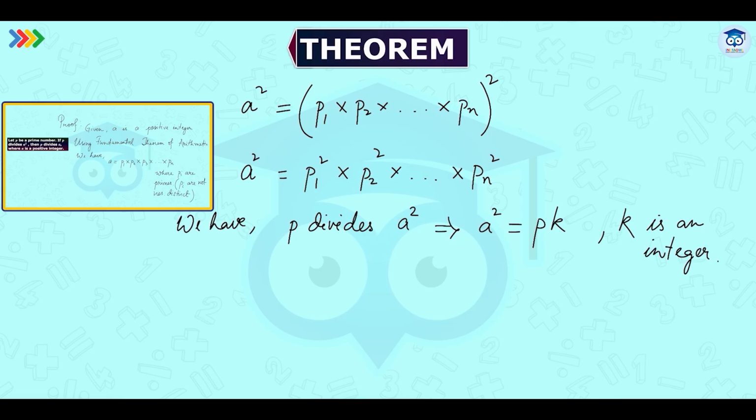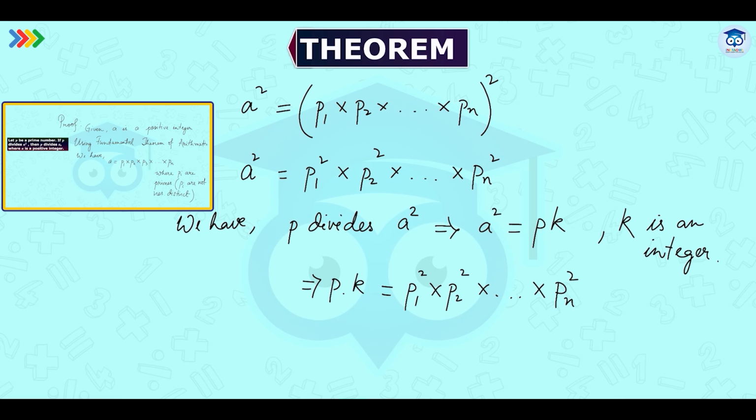So therefore, the previous equation that we have, A square is equal to P1 square, P2 square and Pn square, can be written as P into K. We can substitute the left hand side as P into K and the right hand side as it is. Therefore, P into K is equal to P1 square into P2 square and so on, Pn square.